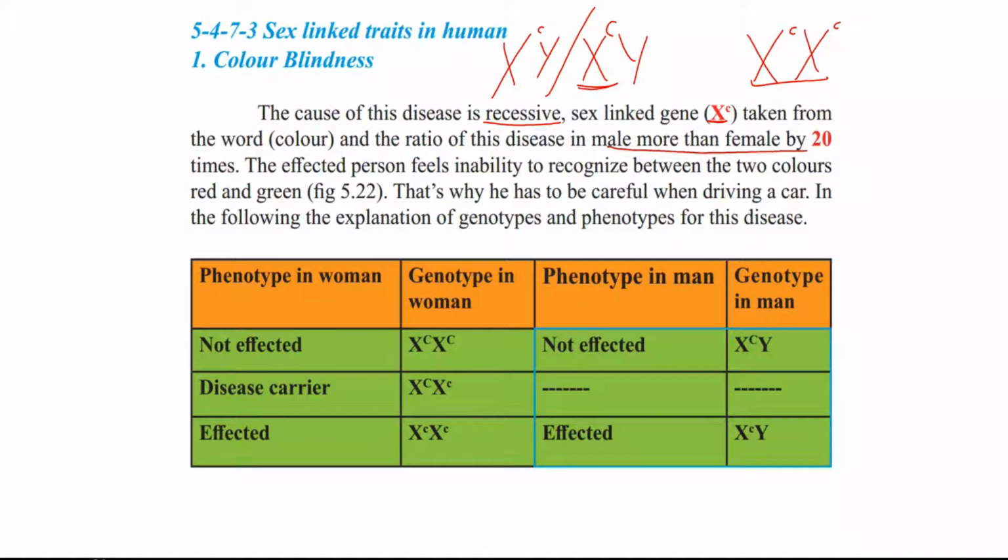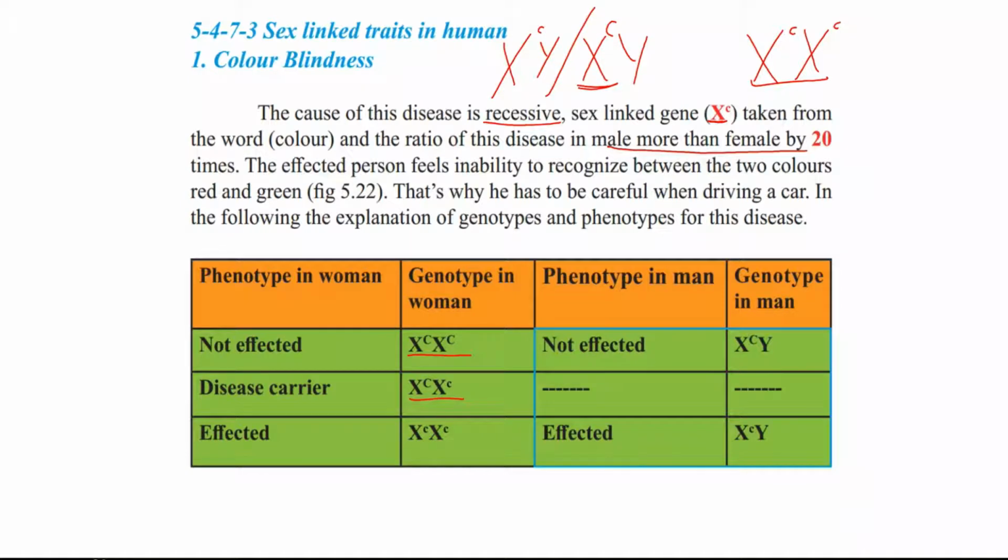So a not affected female is when both X chromosomes carry the dominant gene, or a disease carrier, one dominant, one recessive, meaning hybrid.